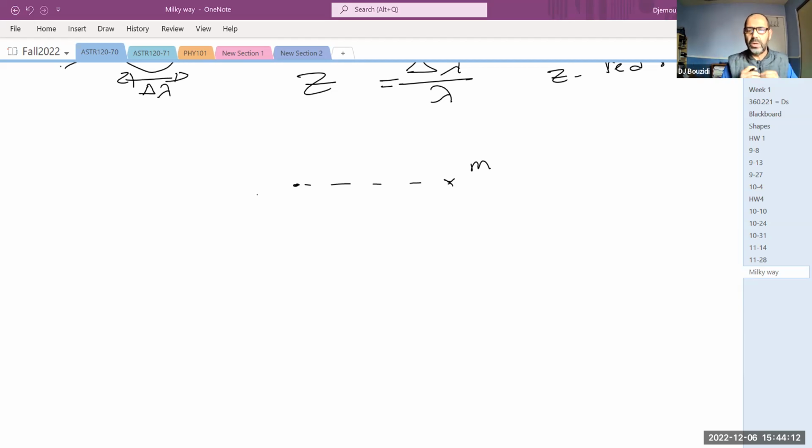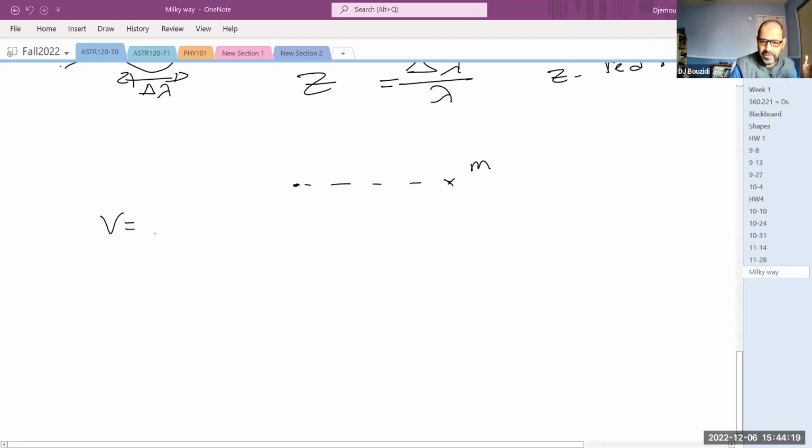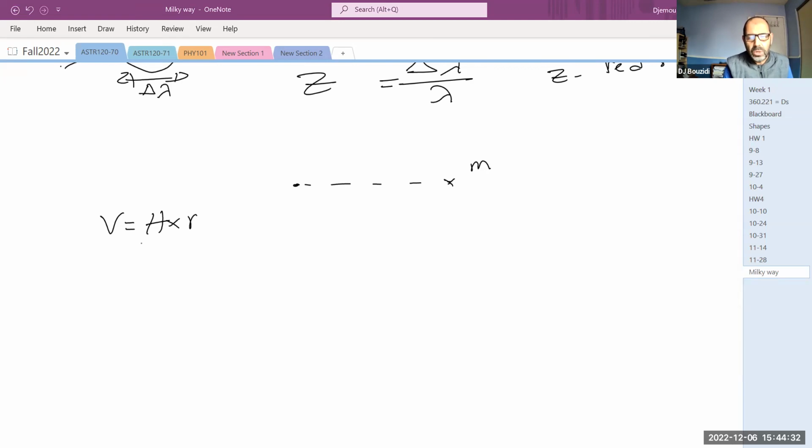So the fact that we're sitting in here and looking at those galaxies receding from us, following this law, that the velocity of recession in this case is equal to a constant times the distance of how far they are from us. From somebody else in another galaxy, he would deduce the same thing, that we are moving away, which means that it's not really that we are moving at all.